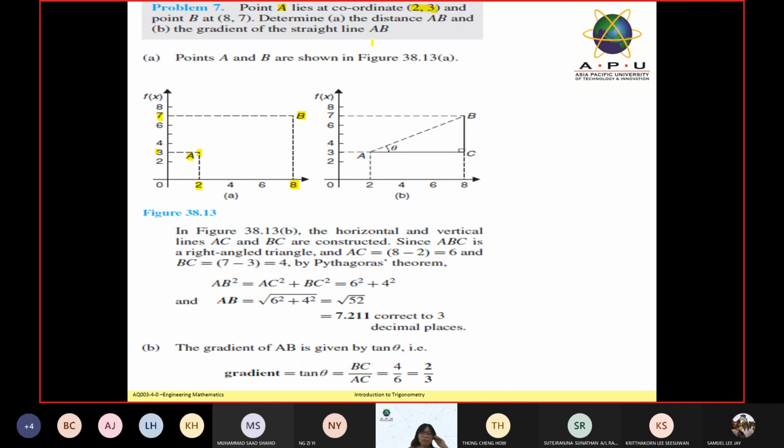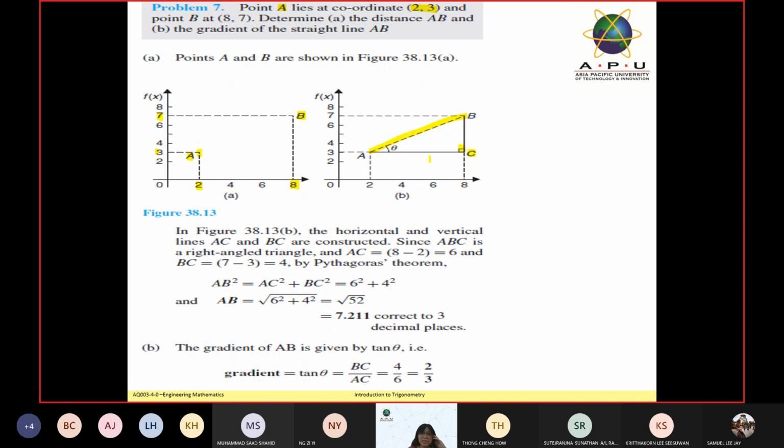So for the distance of AB, that means from here to here, as already drawn here. So you need to find the distance of AB. From this AB, we can actually draw a right angle triangle.